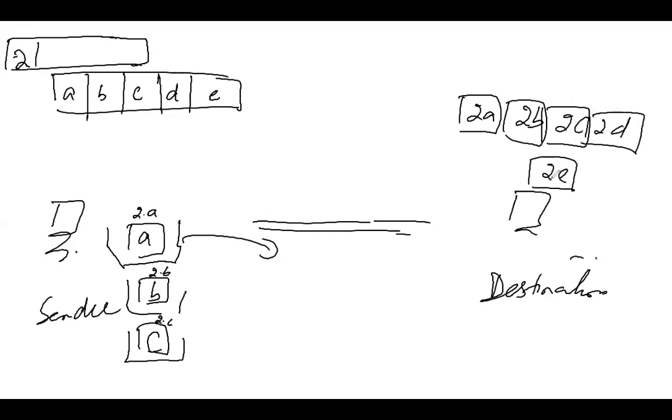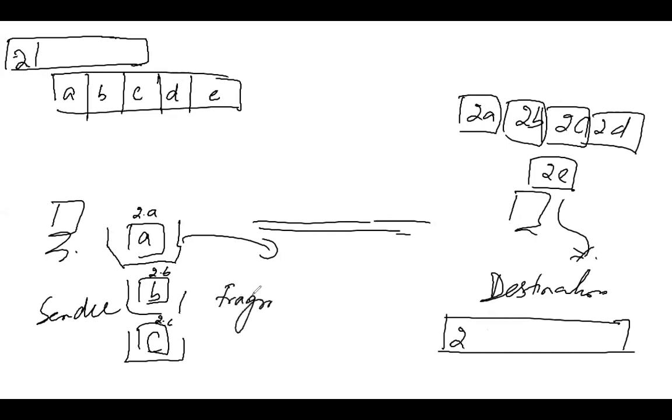And now onward, it is the responsibility of the destination node to combine all those frames into one part, and it will get this single block of data. This process is called fragmentation and reassembly, or segmentation and reassembly.